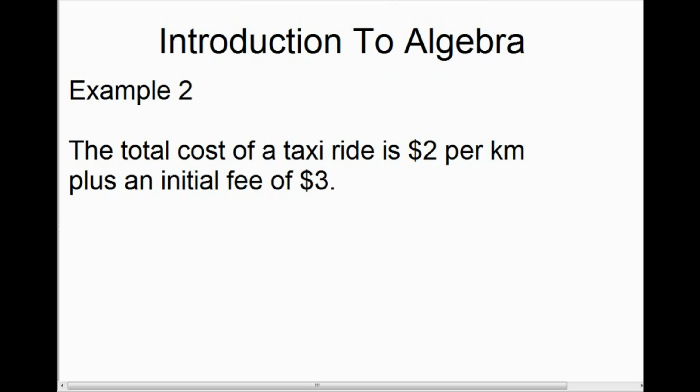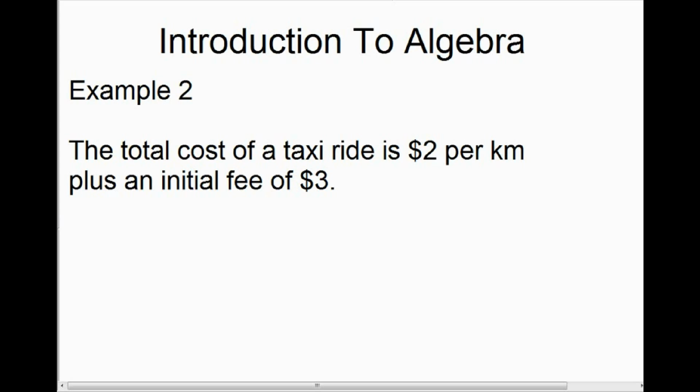An initial fee is just an amount that it starts at. So when the cab driver turns the machine on to calculate the fare, it usually starts at a certain amount that's not zero. So in this case, the initial fee is $3. So your cab ride starts at $3, and then after that, you're charged $2 per kilometer.